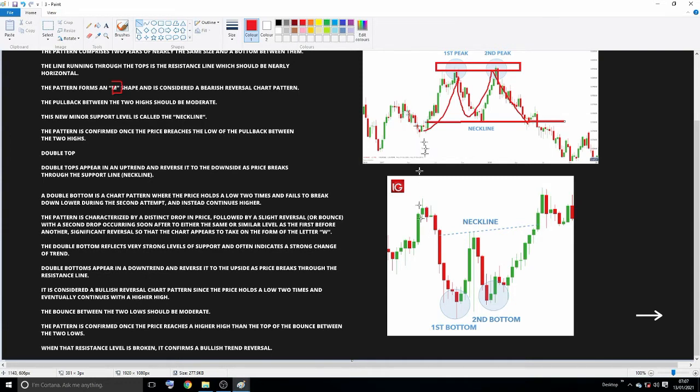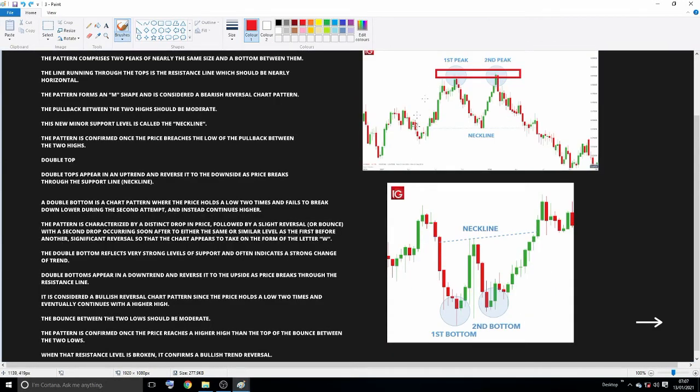As you can see, the price came and bounced on it, so it pushed up, came down, pushed up, and came down to the neckline. So this is known as the neckline. The pattern is confirmed once the price breaches the low of the pullback between the two highs, also known as the neckline.